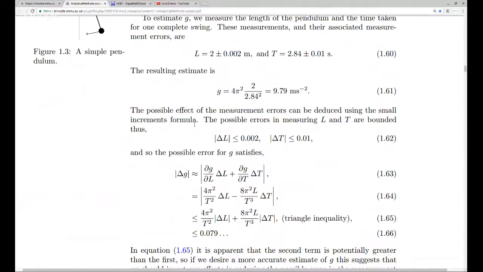So the absolute value of delta L is less than or equal to 2 thousandths. And the absolute value of delta T, the error in the time measurement, is no greater than 1/100th of a second either way.